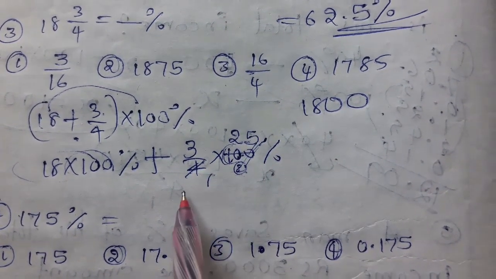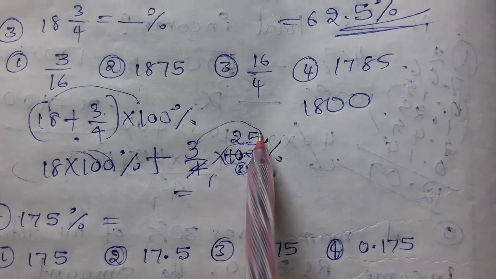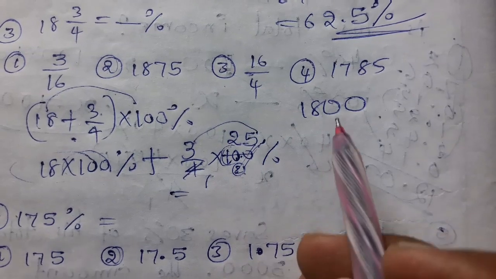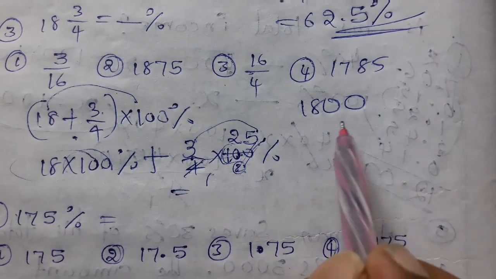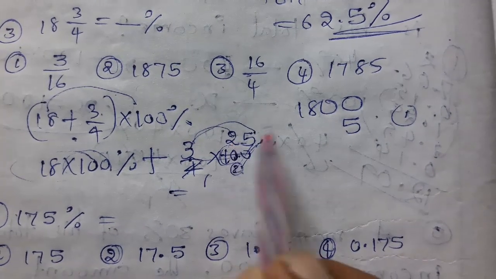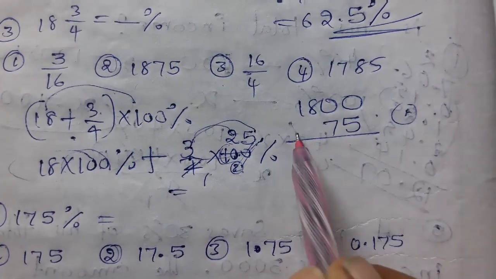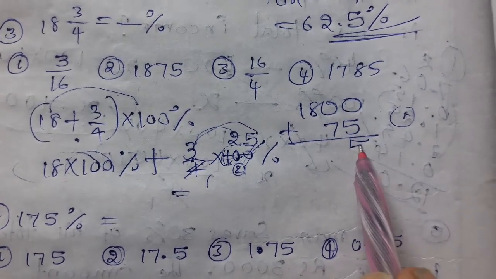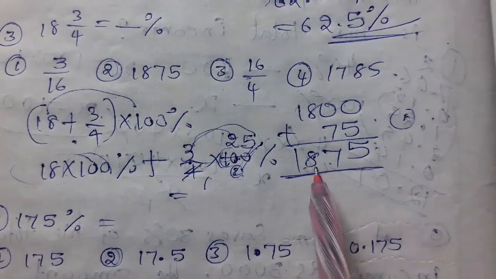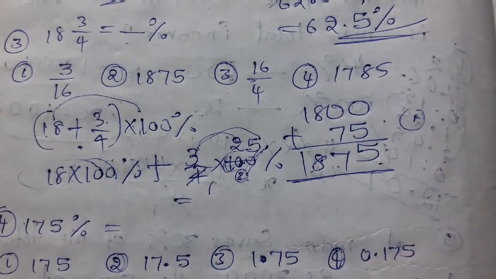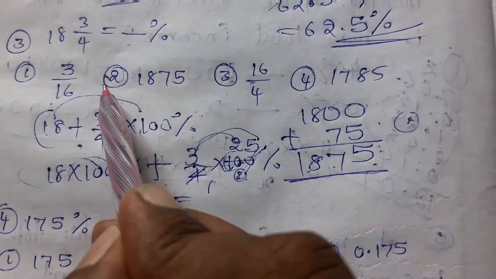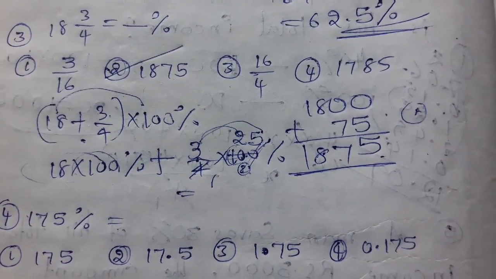That means what remains here? 3 into 25. 25 2s are 50, 25 3s are 75, isn't it? See here, 3 5s are 15, 5, 1 is there, 3 2s are 6, 6 plus 1 means 7. Now add these two, we'll get the right answer 1875. So 1875 is the right answer of the given question. That means option number 2 is the right answer.